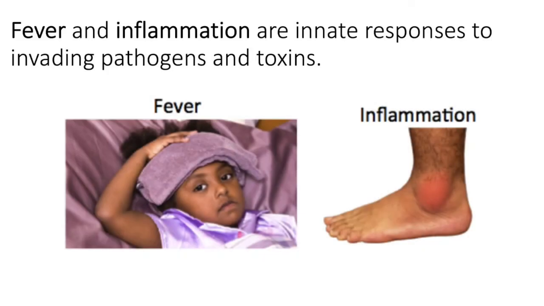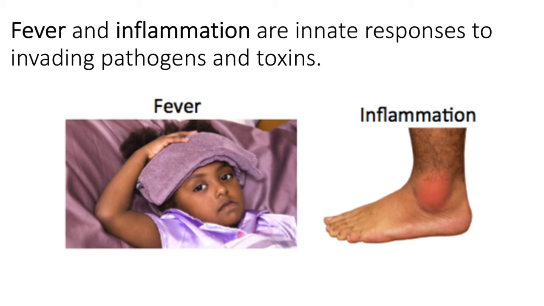These two responses, fever and inflammation, those are responses that work to mitigate the spread of the pathogen. A fever increases the body temperature, and that increased body temperature is hostile to a pathogen.